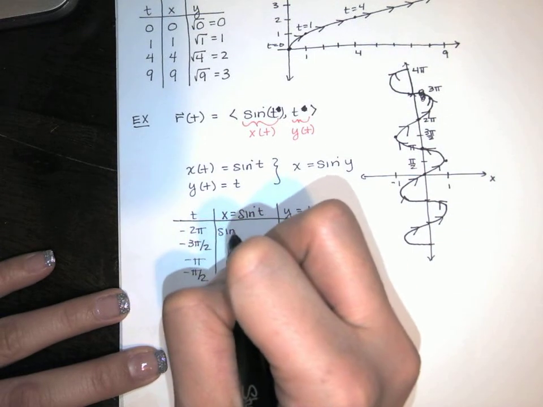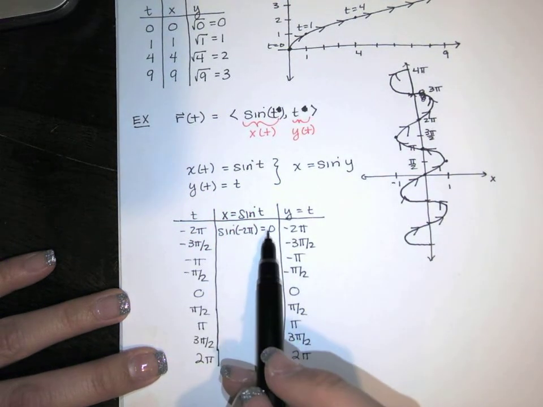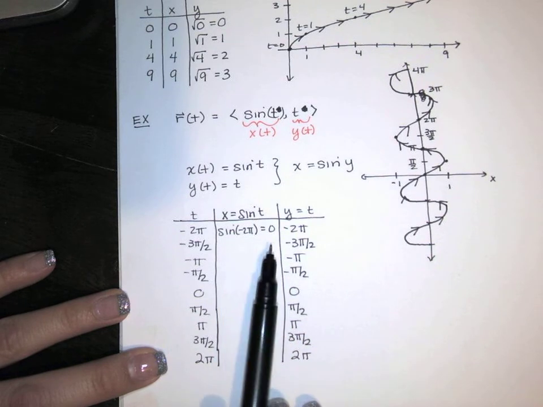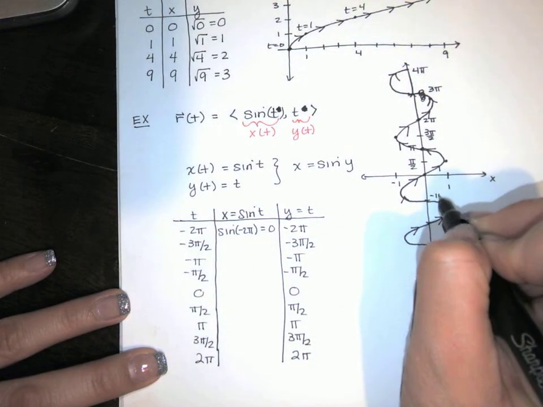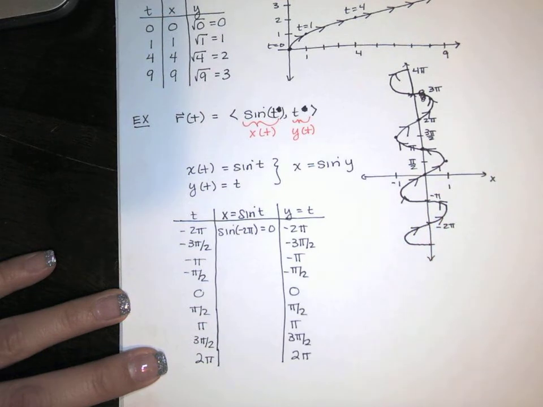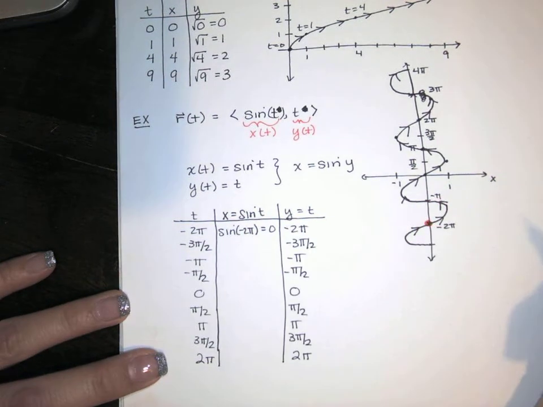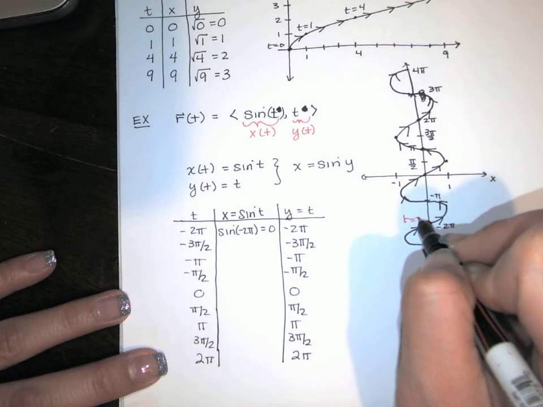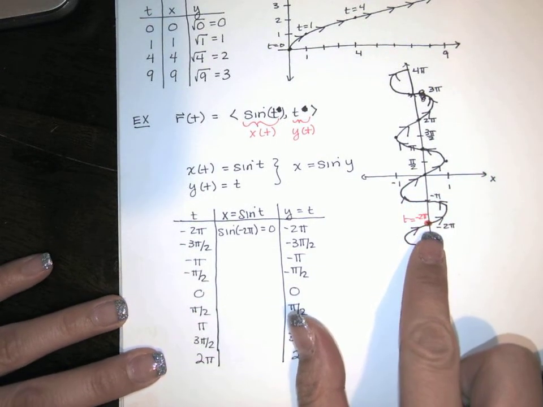So we've got sine of negative 2 pi, which we know to be 0. So when x is 0, or one time when x is 0, y is negative 2 pi. So this is negative pi, that's negative 2 pi. So this point is right there. This is where t is equal to negative 2 pi. And that makes sense because y and t are the same thing.